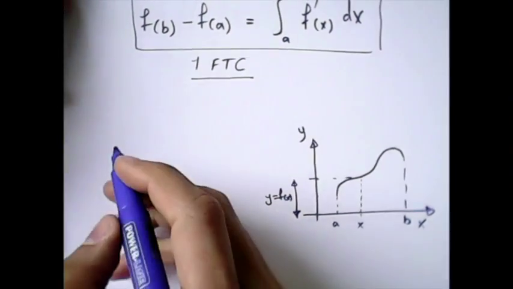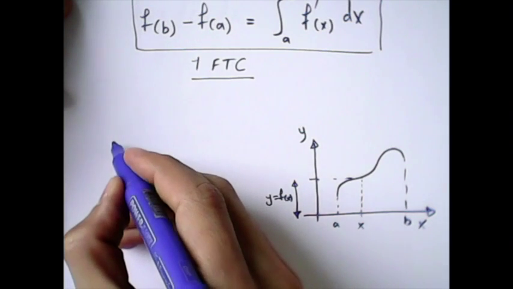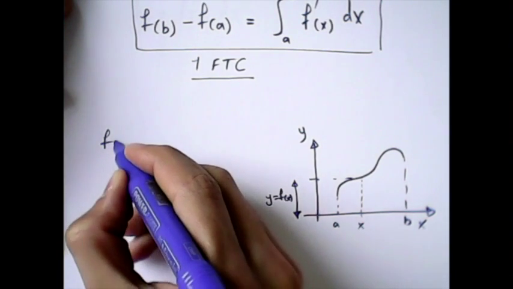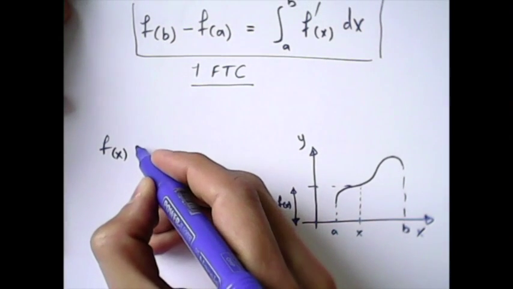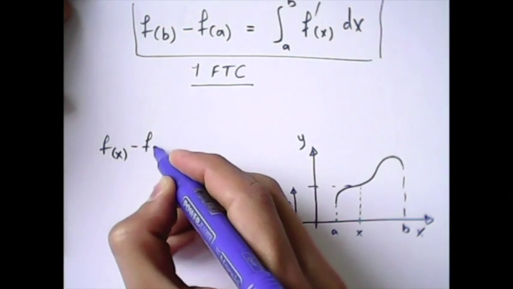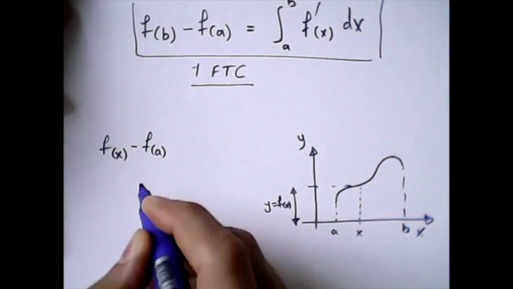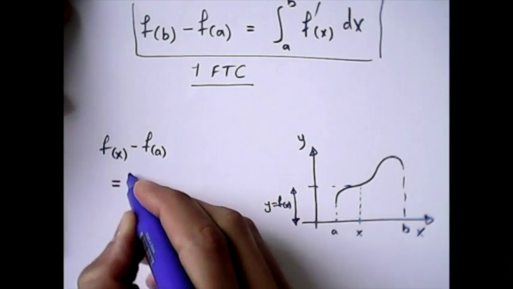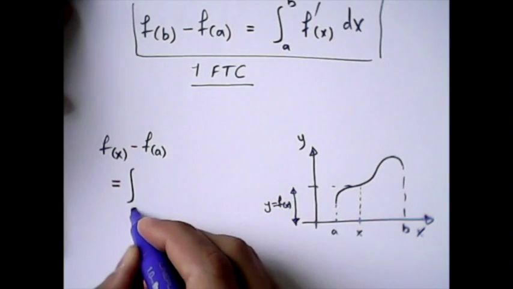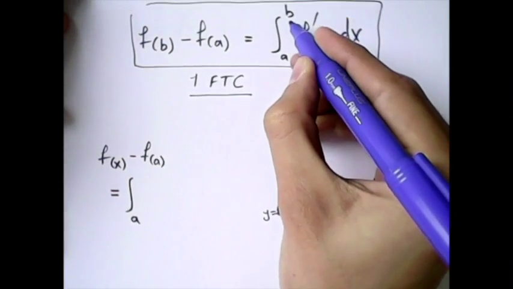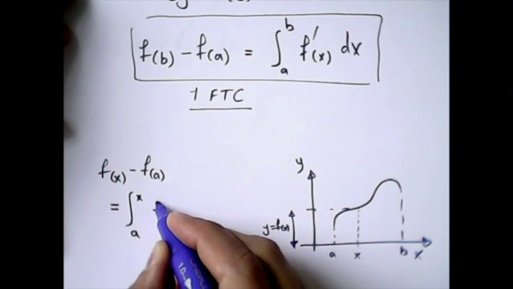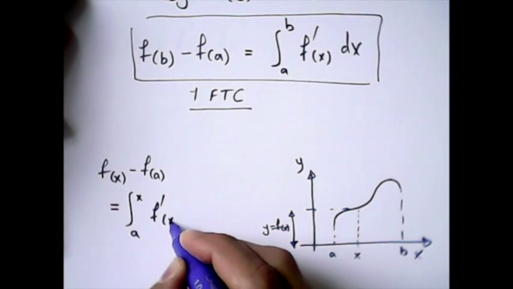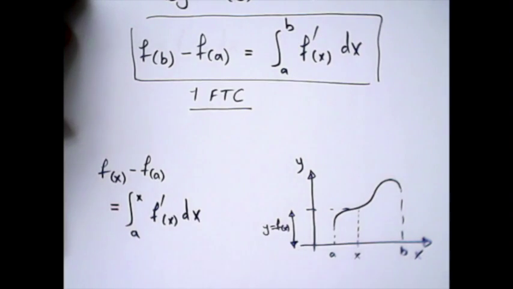So f of x, replacing b by x, minus f of a would be equal to integral of a to, I'm going to replace b by x here, of f prime of x dx.